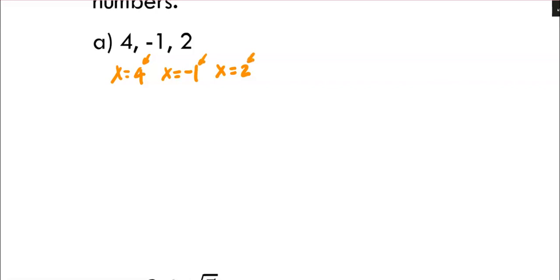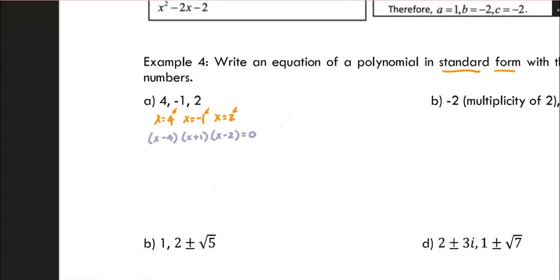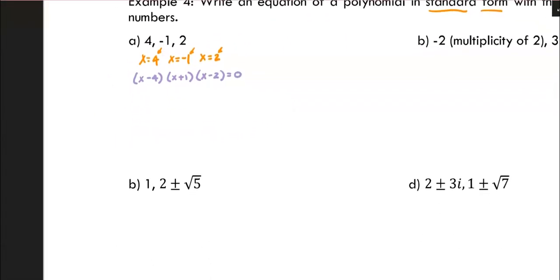I'm just going to make that right-hand side 0. Move that term over to the other side. So I get x minus 4, x plus 1, x minus 2 equals 0. Then let's write it as a polynomial.